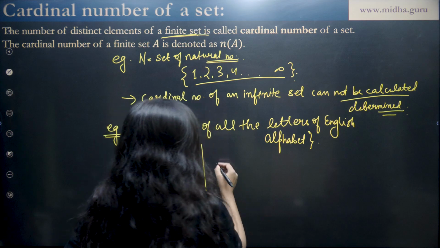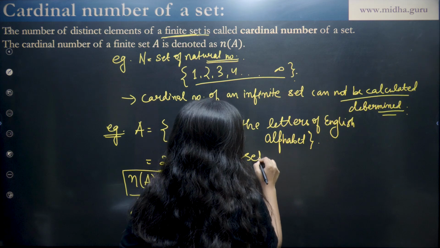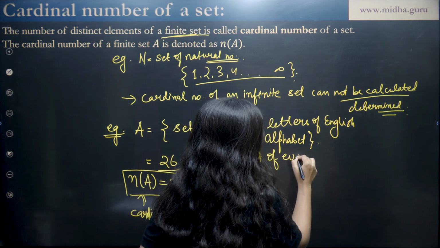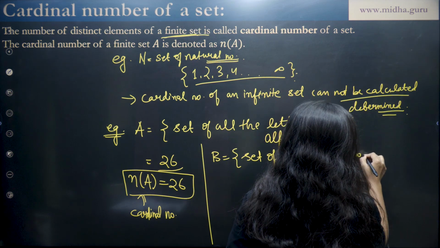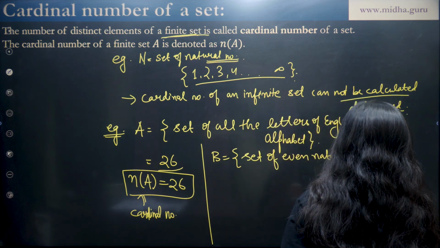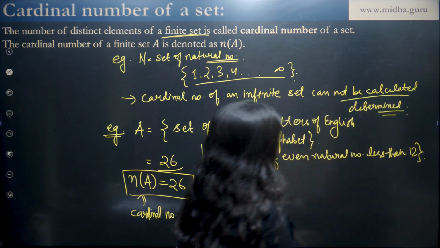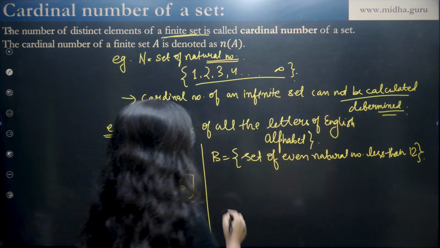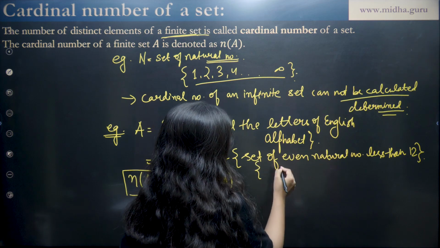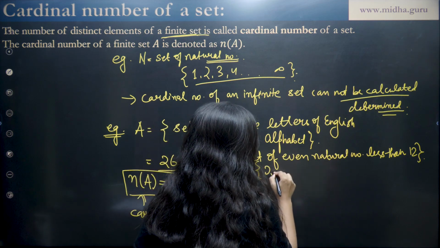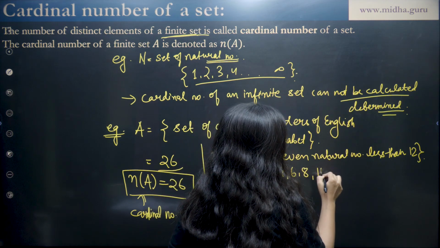Let's take one more example. B, the set of even natural numbers less than 12. So for the cardinal number of this, what are the elements inside this set? 2, 4, 6, 8 and 10.